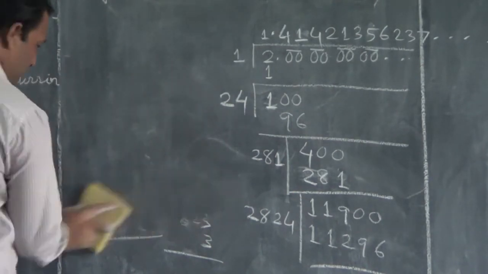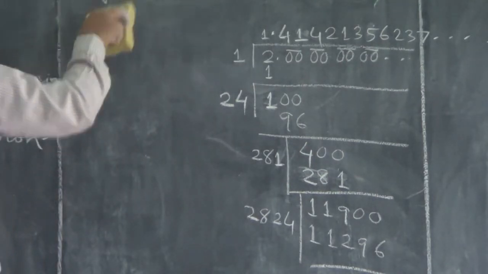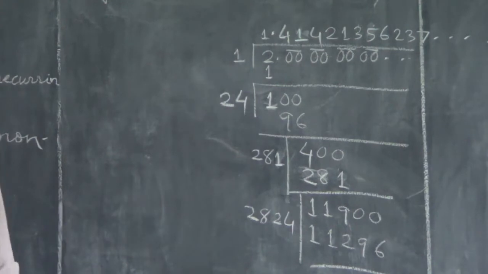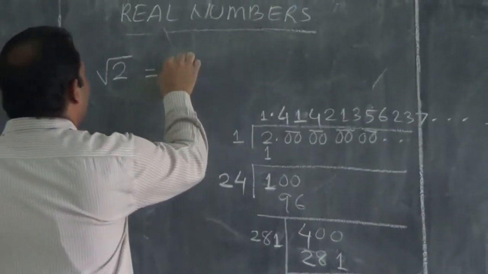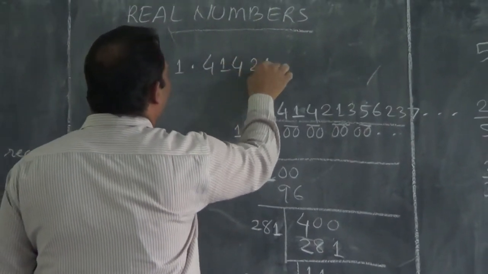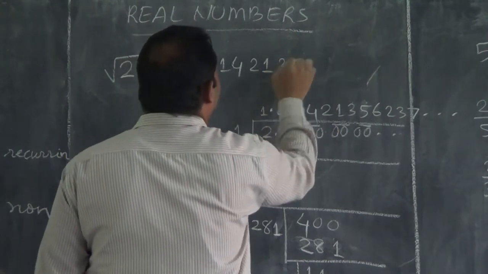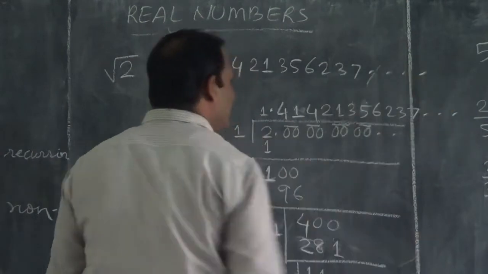So the decimal representation of this kind of real number is a non-terminating, non-recurring type of decimal. That is 1.41421356237. It will go on.